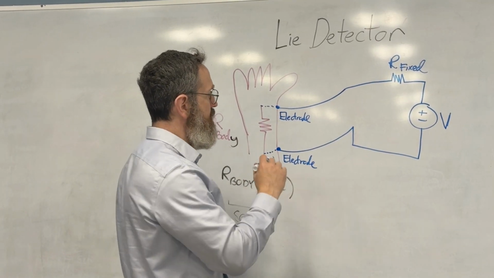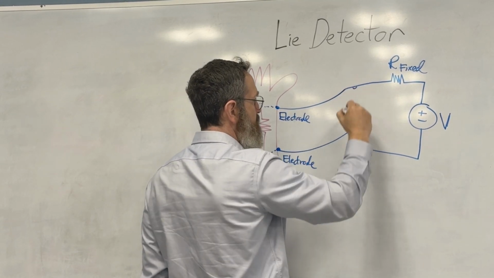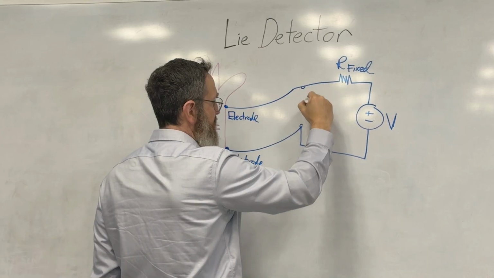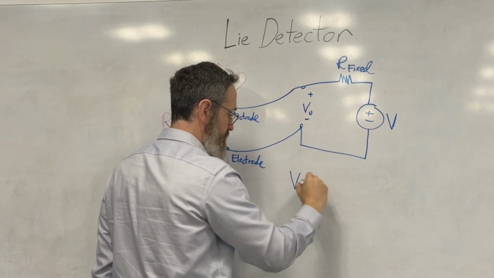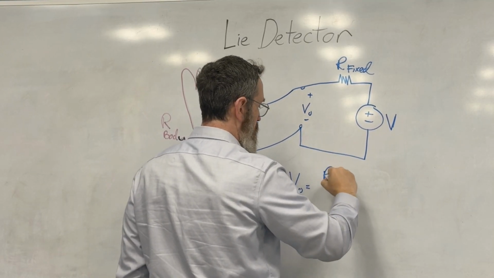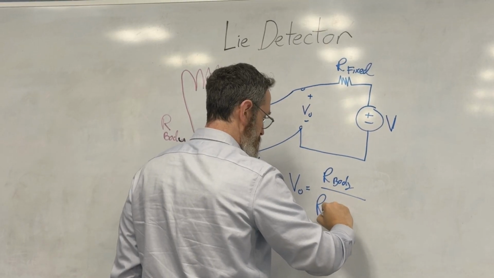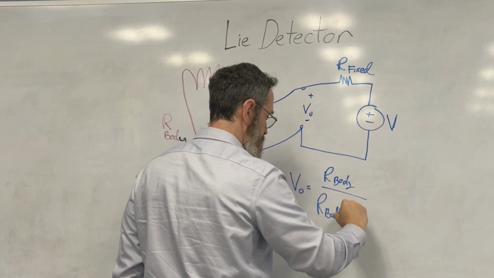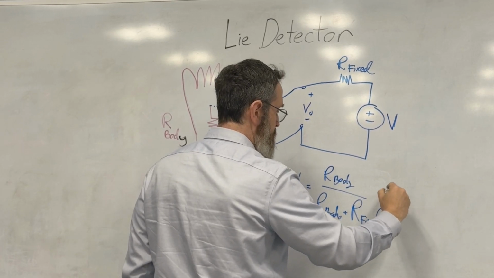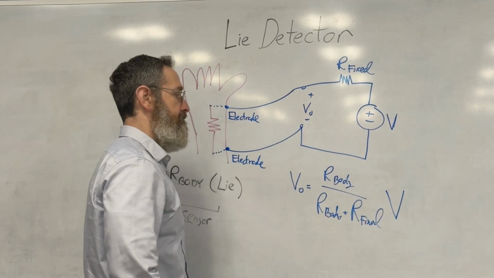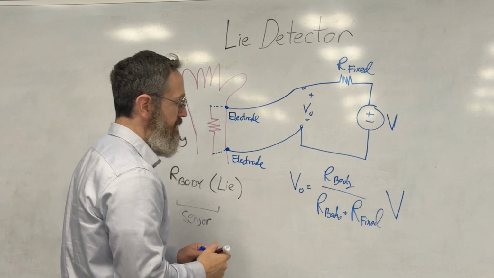I'm going to measure the voltage right here, between this point and this point. So I'm going to call this V out. And we have our voltage divider equation: V out is equal to R body over R body plus R fixed, times V. And so what do we know?